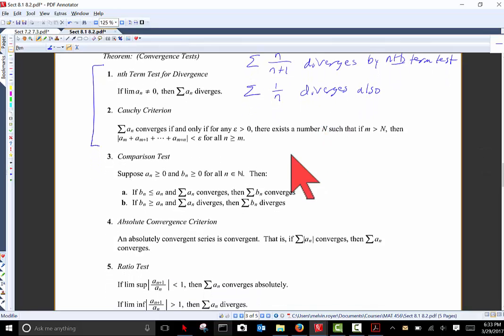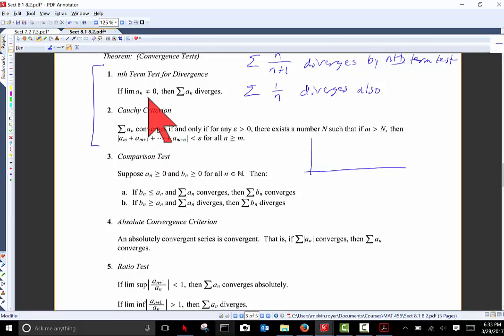The other test to point out here is the Cauchy criterion. And this is pointing out how fast, in some sense, the nth terms have to go to 0. So by the nth term test, we know that if the series is going to converge, then the sequence has to go to 0. So that means if I graph the terms of the sequence, here's n, here's a sub n. These things have to be decaying to 0. And the Cauchy criterion is saying, hey, somewhere we can hack off a number n.